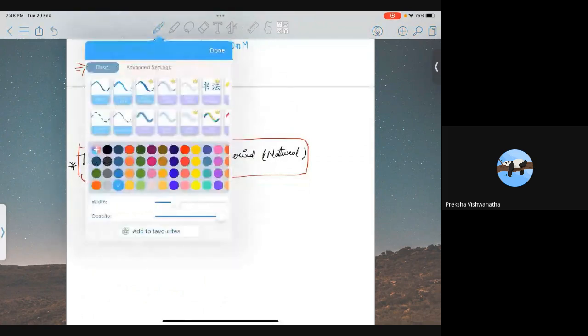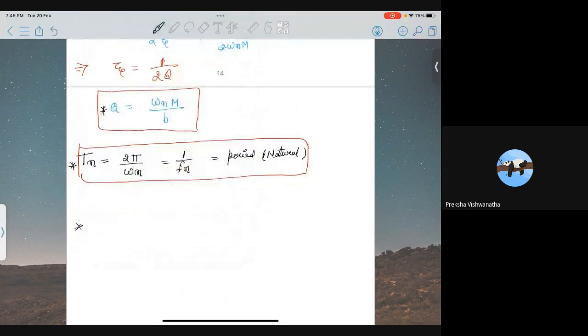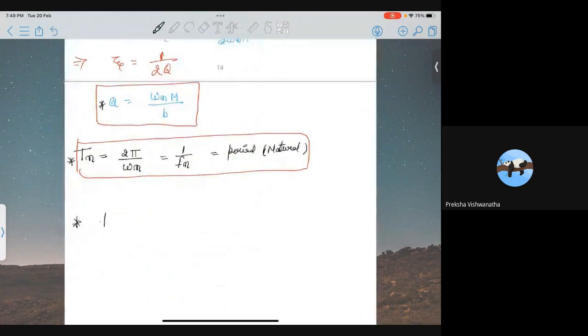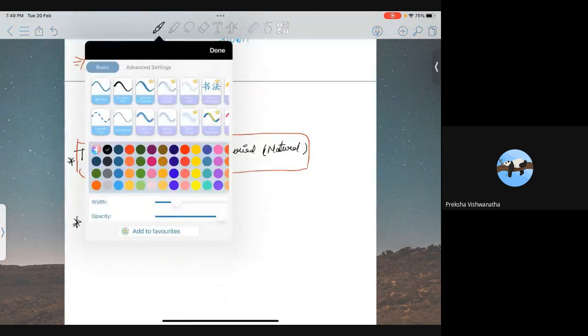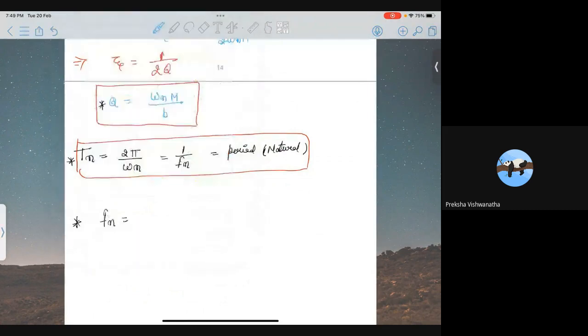Now the frequency of the oscillations can be written as fn, which is 1 by 2 pi times the square root of k by m.